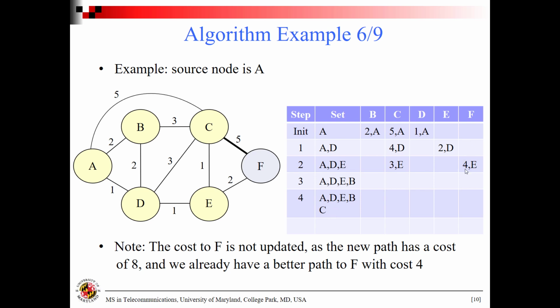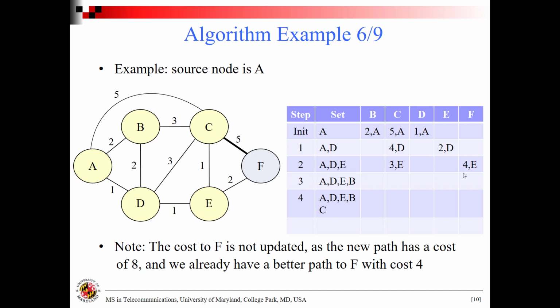As you could see, we already have a path of cost 4 to destination F via E. Now, the cost of going to node C is 3, and then we have a link which has a cost of 5 between C and F. So if we decide to go to node F via node C, then we first have to get to node C, which has a cost of 3, and then add the cost of the link between the two nodes. So that would end up with a cost of 8.